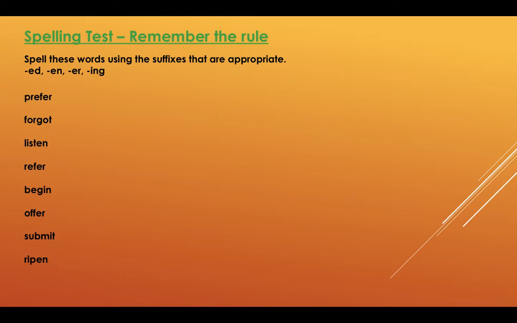Forgot, listen, refer, begin, offer, submit, ripen. I'm going to give you one clue. You need to make sure, if you're doubling the letter, that the second syllable is stressed. If it's not, then you need to drop the rule and just add the suffix as normal. So you need to work out, is the second syllable stressed or unstressed?